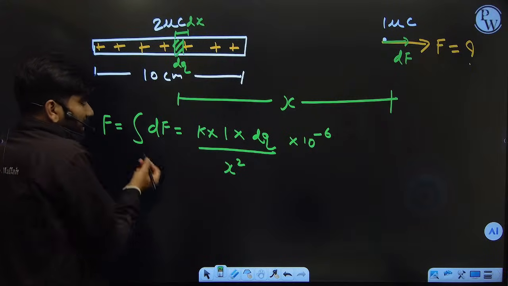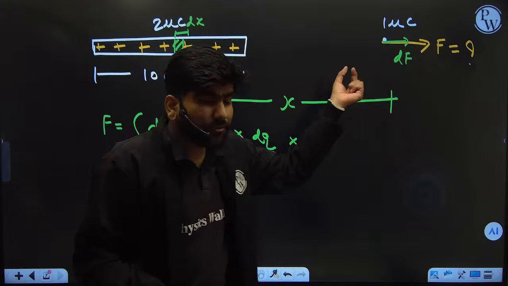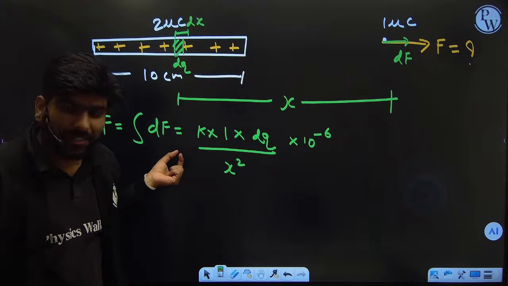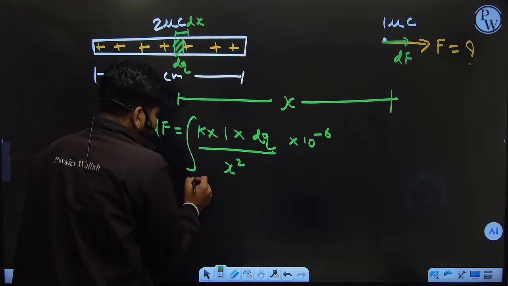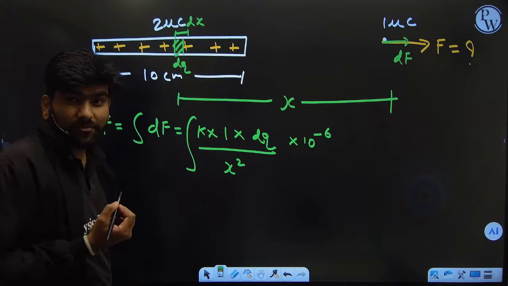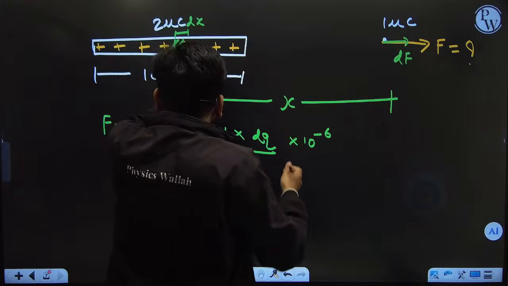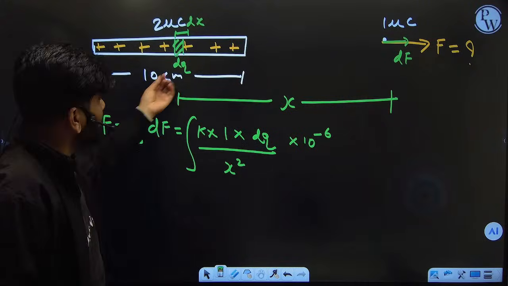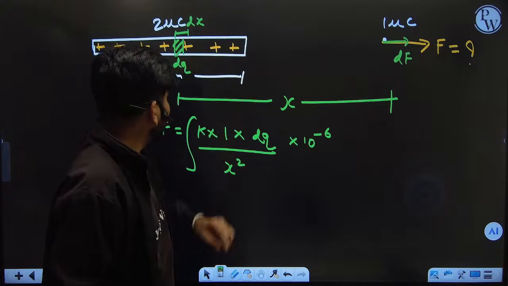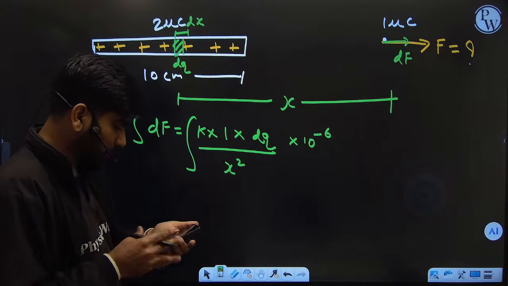Now to find the net force on that charge, we have to add, or integrate, all the dF forces due to the entire rod. Entire rod means starting from this point of the rod to this point of the rod. This distance is given as 2 centimeter in the question.